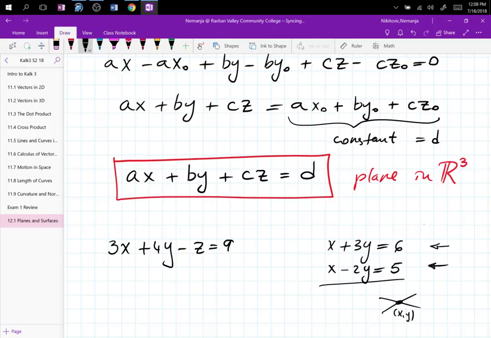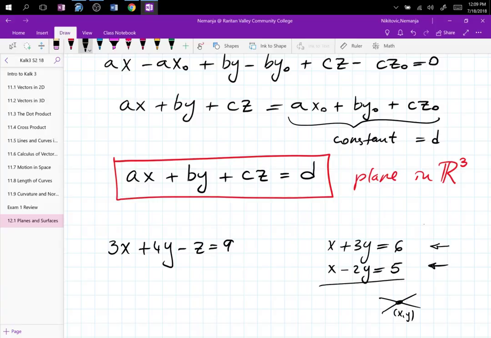When you solve the system, that's what you get: x equals a number, y equals a number. If the lines are parallel, they don't intersect, and then there is no solution because they do not create a common xy that works for both equations. And the third case is when the lines are the same, they graph on top of each other, so you have infinitely many solutions.